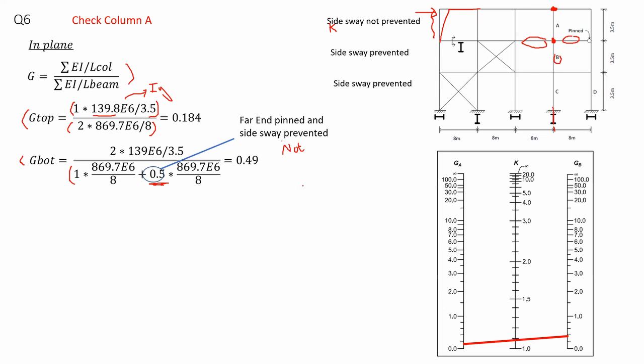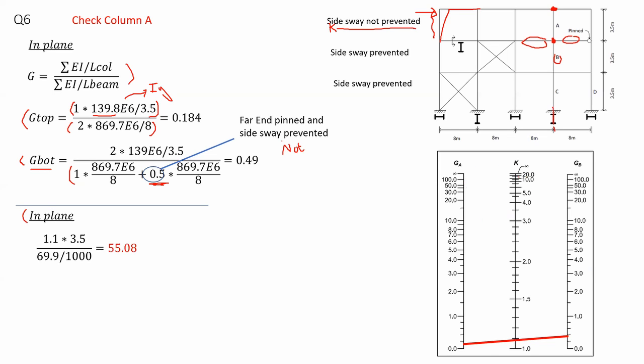All right. Now, after that, I can calculate the values for K. So for the in-plane, again, I'm talking about the in-plane, I consider the G top value and I found the G bottom value. So I go to the alignment chart that is available in the AISC as well. And as we said before, sidesway is not prevented.